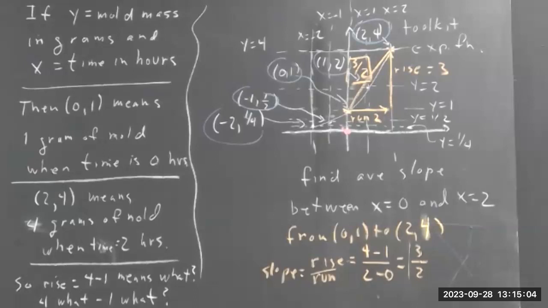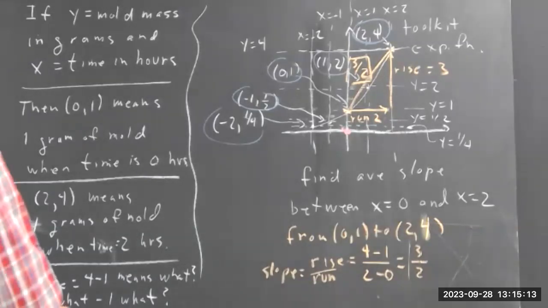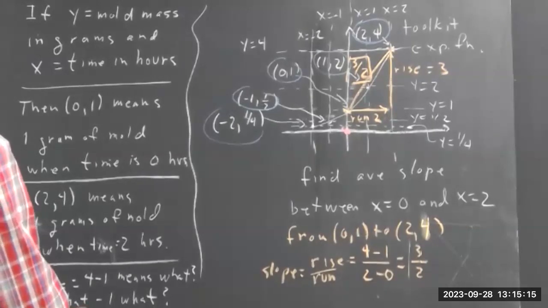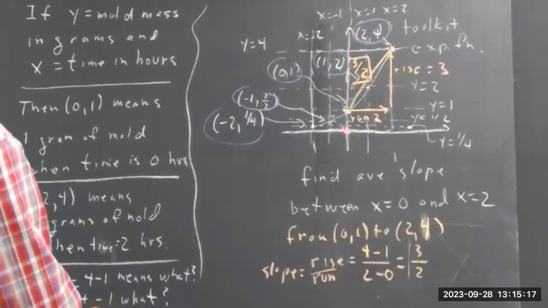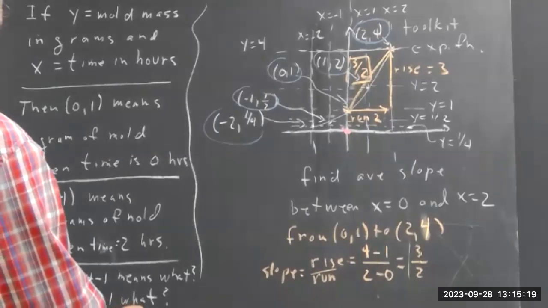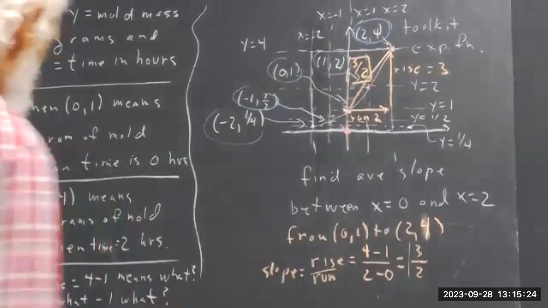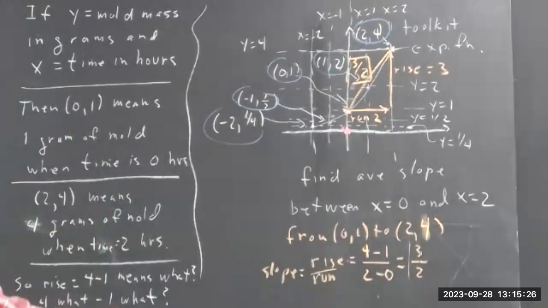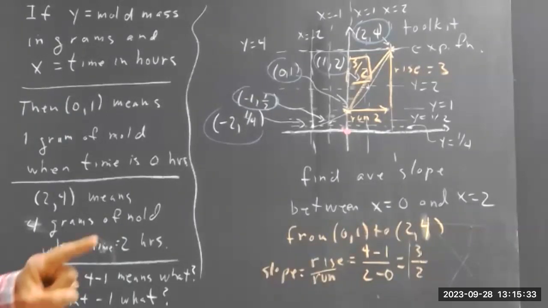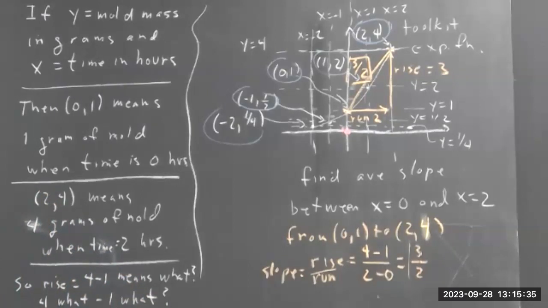Okay, so it means, I'll just use G to abbreviate grams. Of course, if I subtract 1 gram of mold from 4 grams of mold, I've got how many grams of mold? And that's the change in the amount of mold, okay?